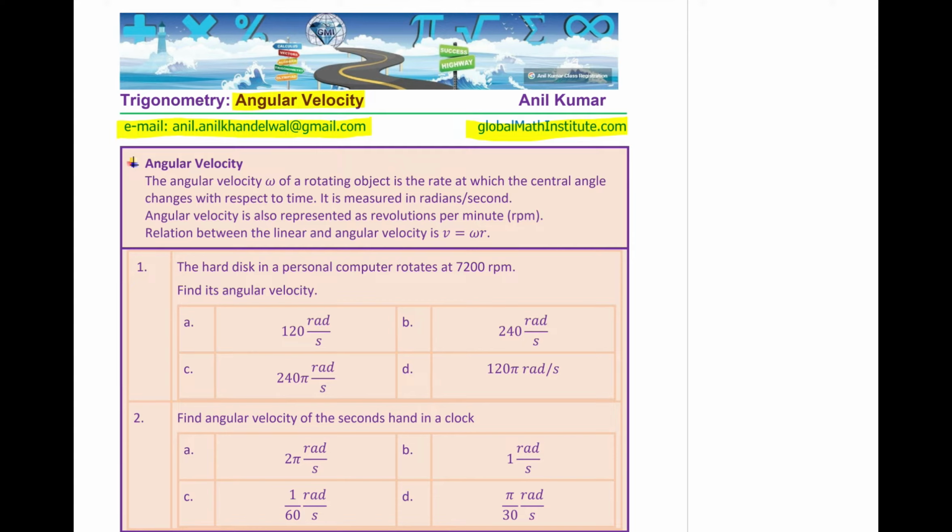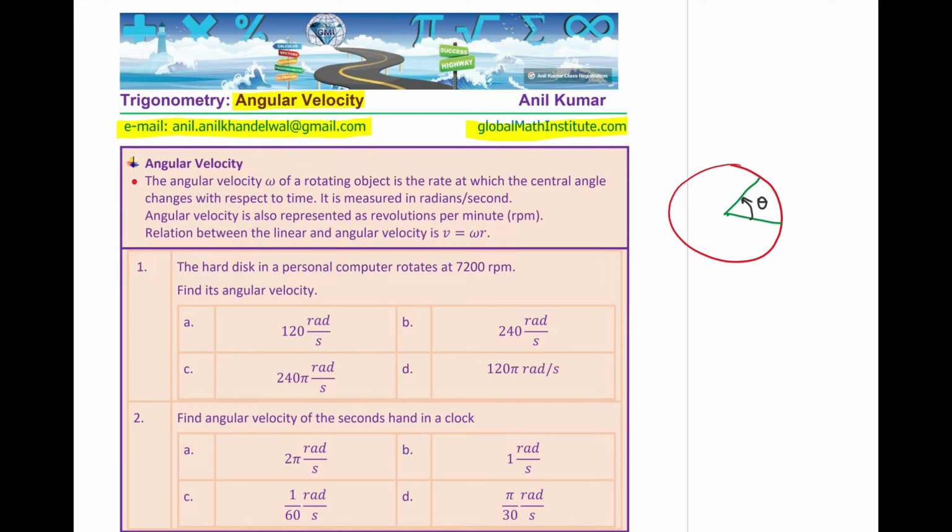We say the angular velocity is change in angle, right? So if you have a circle here and an object is rotating, then basically the angle theta covered per second.